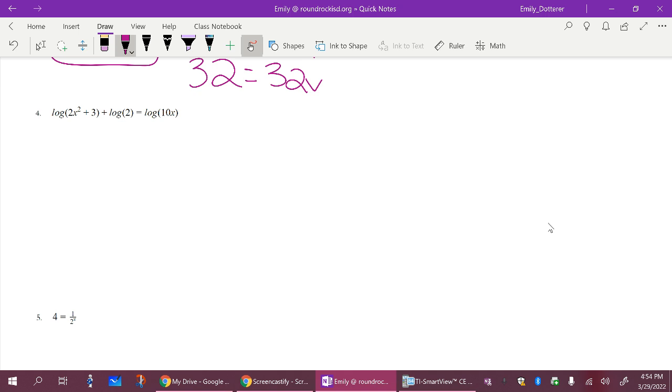Okay, number 4. We have two logs with the same base. Remember, if there's no base written, it's a 10. And there's addition in the middle, so that means that we are multiplying.